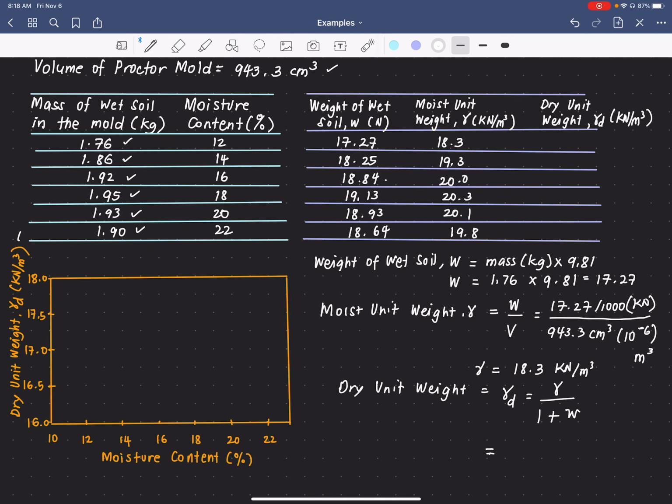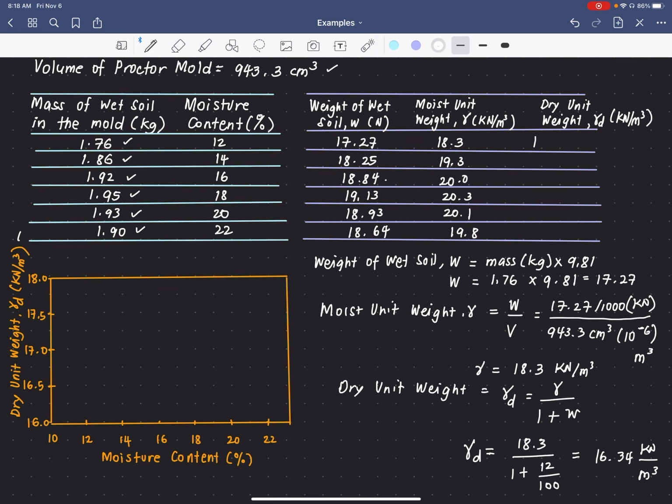We have gamma d equals 18.3 divided by 1 plus, our moisture content is 12. This has to be divided by 100 because this is in percentage, and we can get the dry unit weight, which is equal to 16.34 kilonewton per cubic meter.